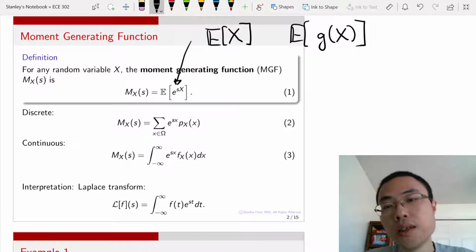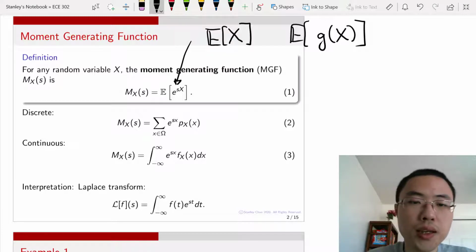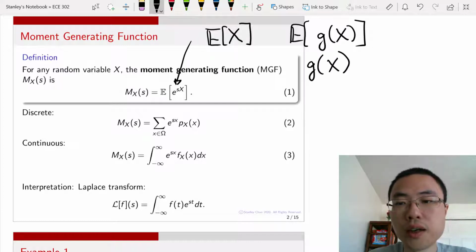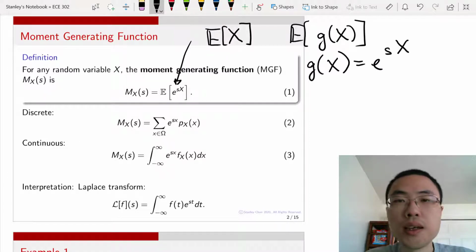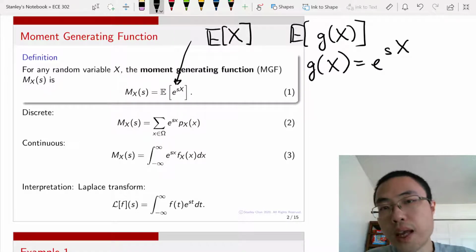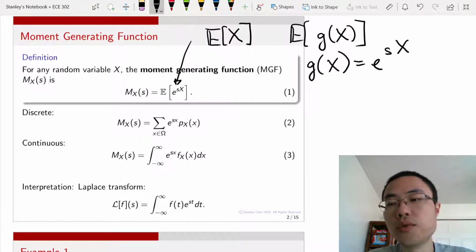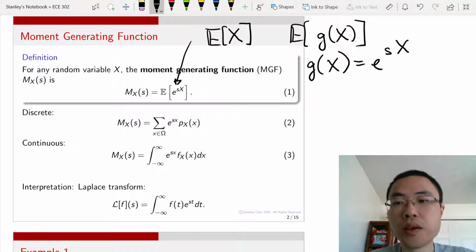Now g can be anything, and here I'm defining g of X as e to the power sX. The number s is a parameter that you need to tell me what it is.